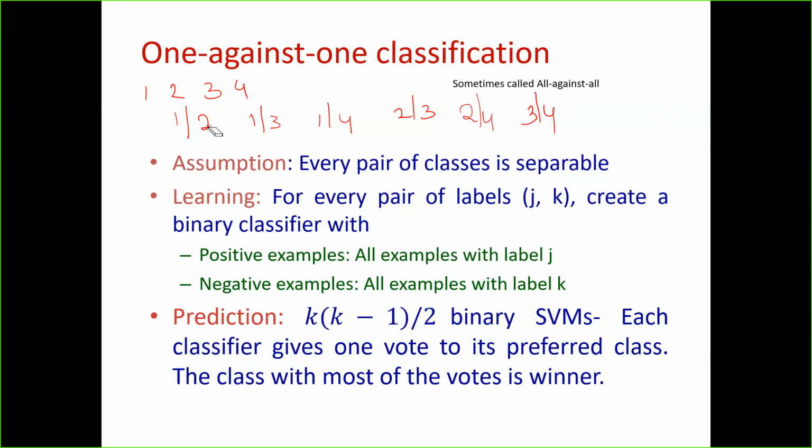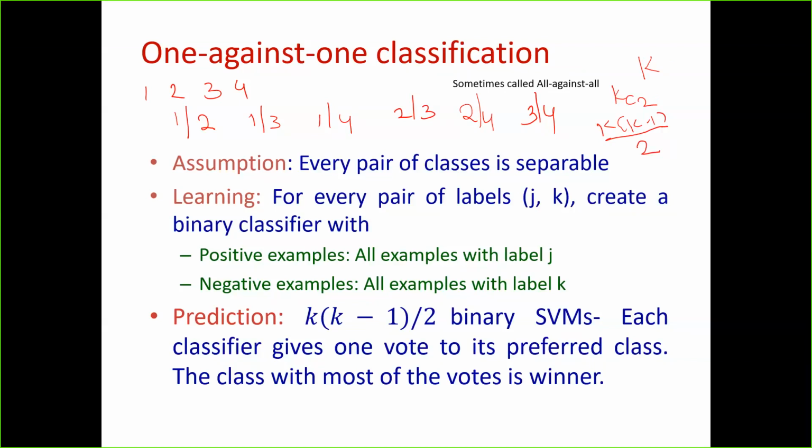So if there are four classes, we are training 6 SVMs. If there are k classes, then it is kC2, which means k into k minus 1 by 2. These many combinations we will get. The assumption here is that every pair of classes is linearly separable, right?